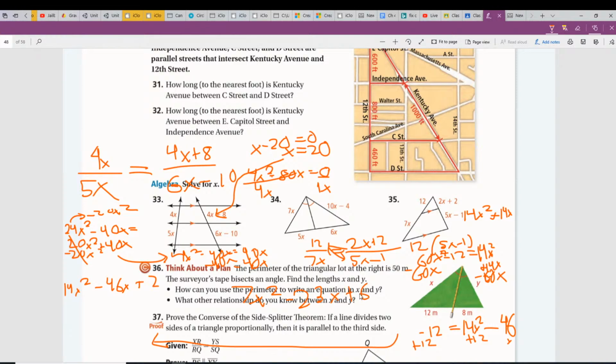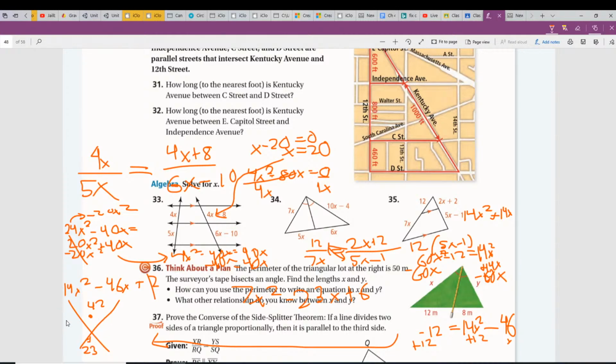We divided by 2 because 0 divided by 2 would be just 0, so it will be the same. And now we do 7 times 6 is 42, and we want two numbers that multiply to 42 and add to negative 23.